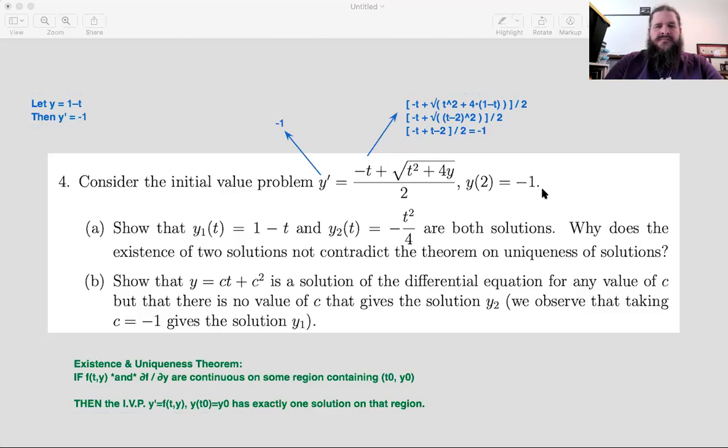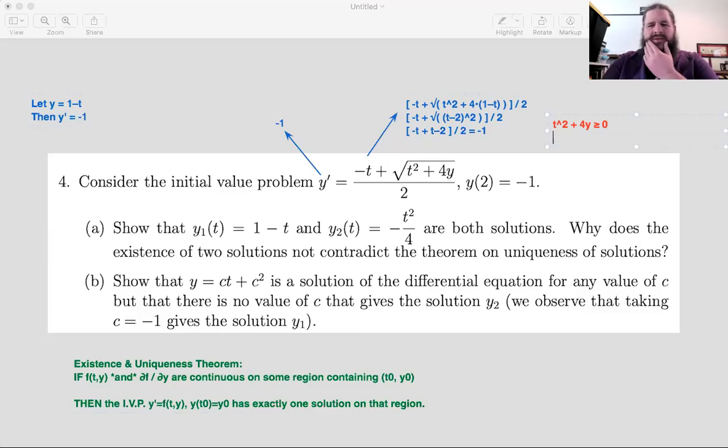Because I did t squared plus 4y has to be greater than or equal to 0. And then from there, I got like t has to be greater than or less than 2 square root negative y. So then I said negative y has to be greater than 0 or less than 0 to cancel out the negative. Or we could just solve for y, I think.